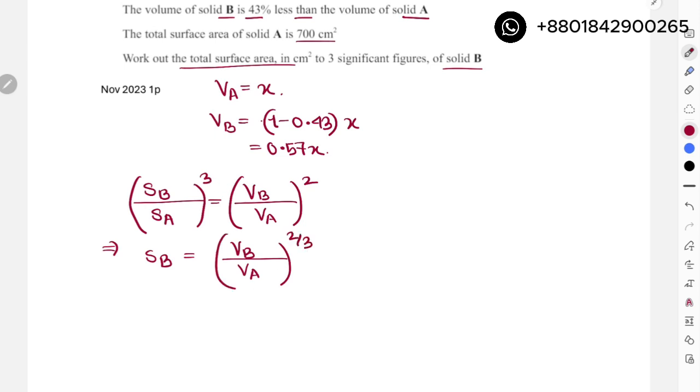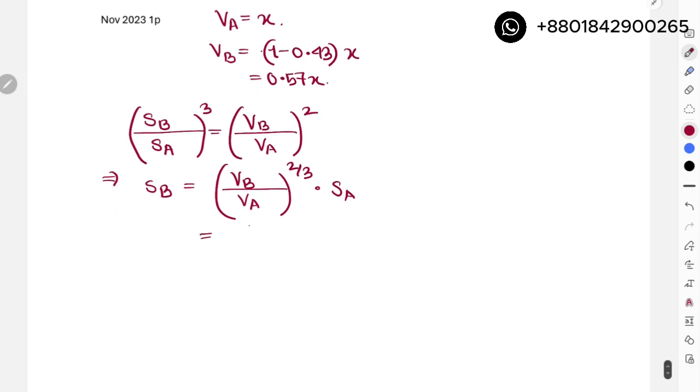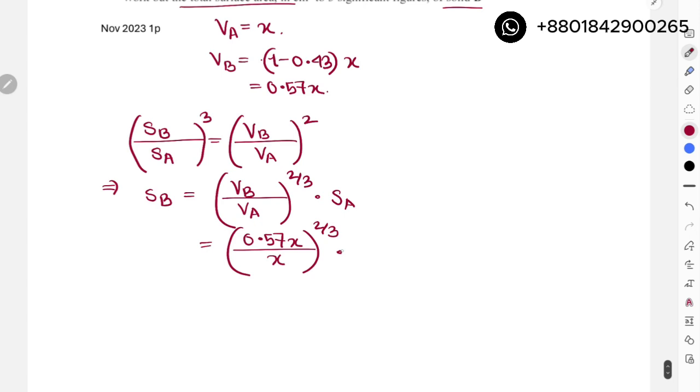Because 1 over 3 multiplied by 2 gives you 2 over 3, and that gives you SA. I'll just change the position of the surface area for A to the right hand side. So VB over VA is 0.57x divided by x, raised to 2 over 3, multiplied by SA. How much is SA? SA is 700, right?